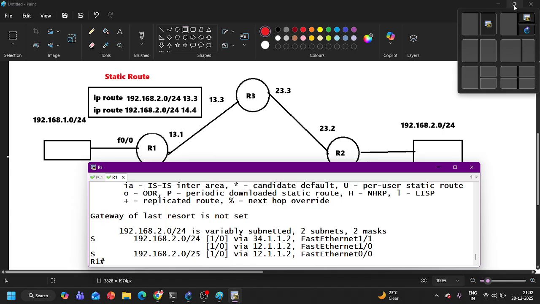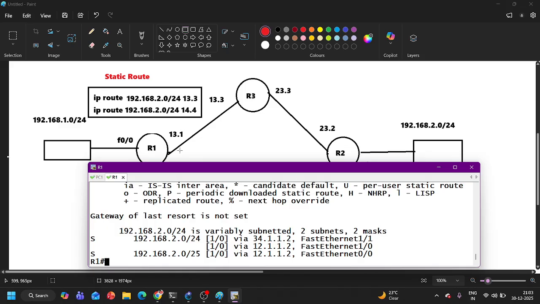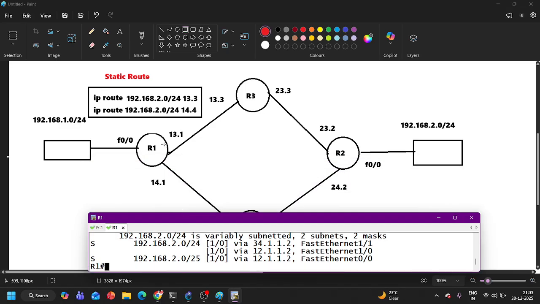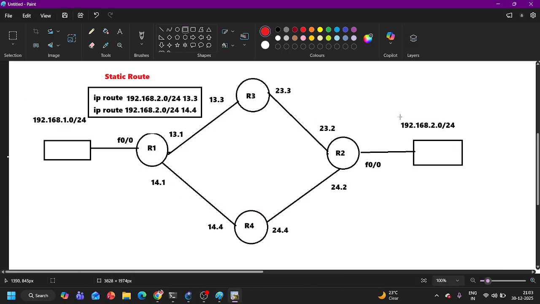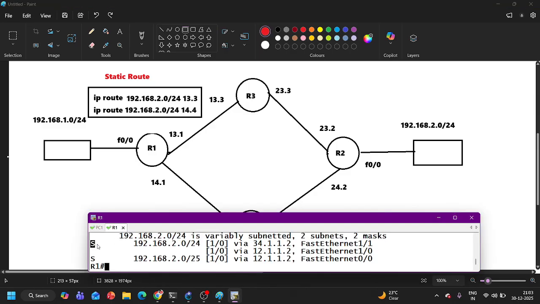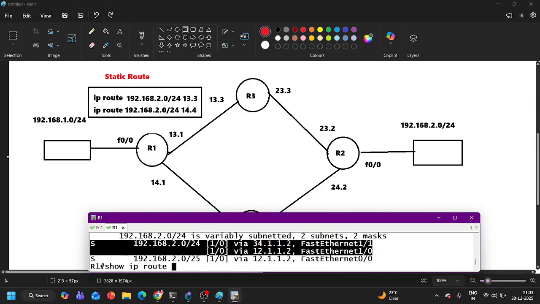Whatever paths are there, those are all best. Means the router will definitely use them to forward traffic. So load balancing is happening over here on router number 1 for this subnet destination. Correct everyone? Clear? This is the routing table and this is my configuration.